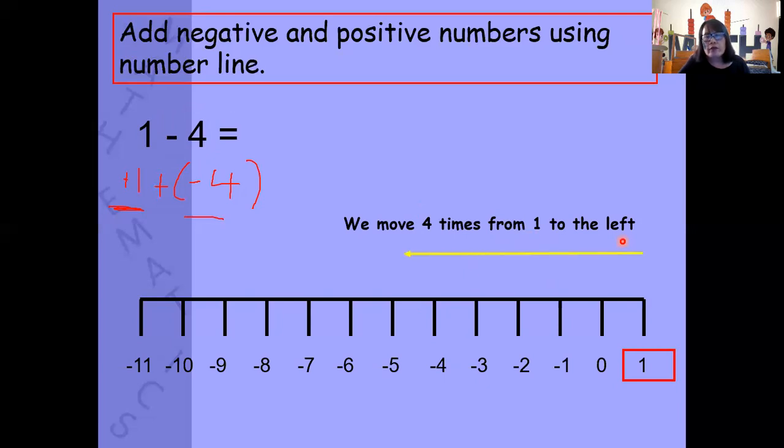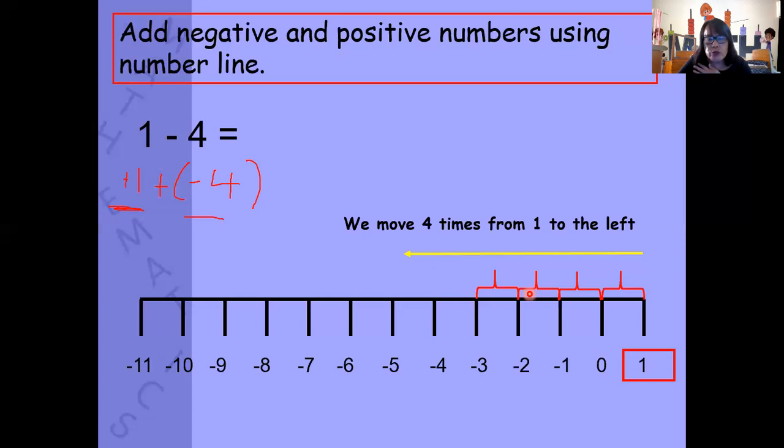Okay? Now, let's start counting. 1, 2, 3, and 4. We need to stop because our second number is only negative 4, so we move to the left only 4 times.